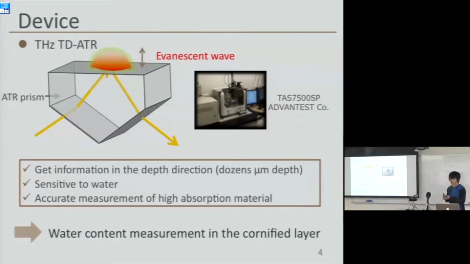Thanks to this evanescent wave, we can get information in the depth direction, about dozens of micrometers of depth, and the terahertz wave is sensitive to water. And by using the ATR system, we can measure high absorption material accurately. So by using this method, I want to measure the water content in the cornified layer.